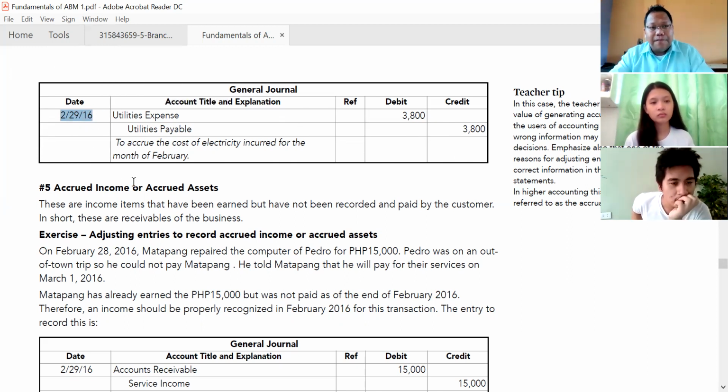What if came the month of March, let's assume, March 3, 2016. The bill for electricity has been paid. What will be your journal entry? Nathan.